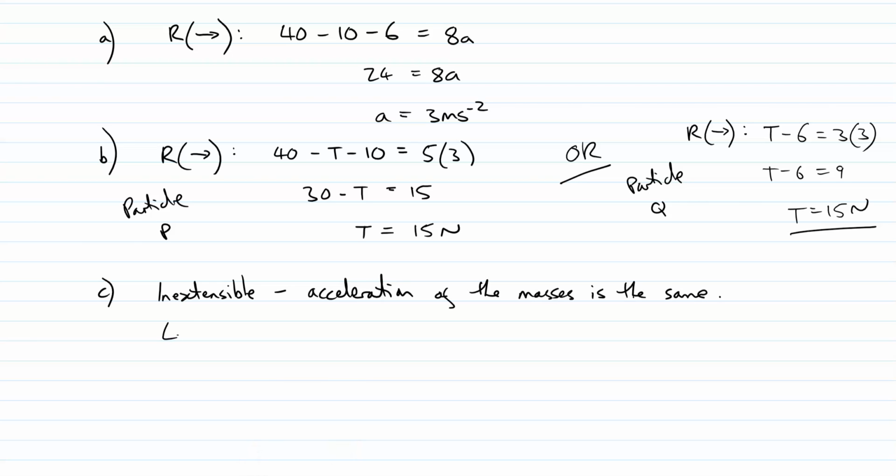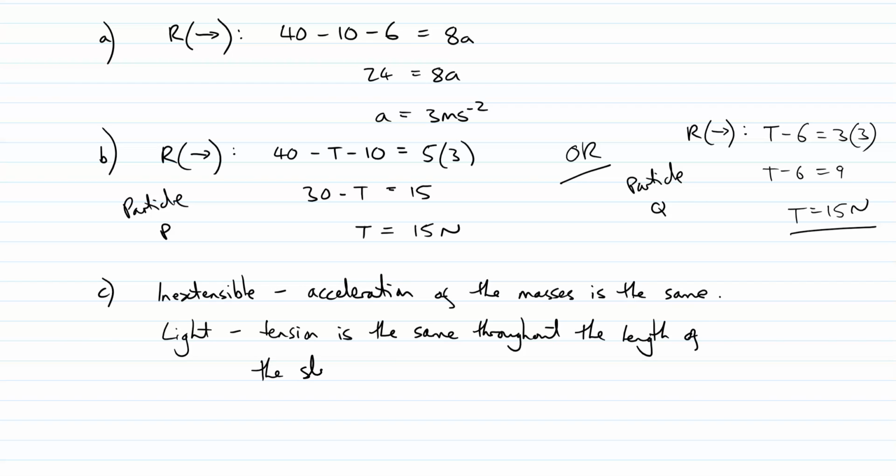And the fact that it's light means the tension is the same throughout the length of the string. And the mass of the string is negligible, i.e. we ignore it.